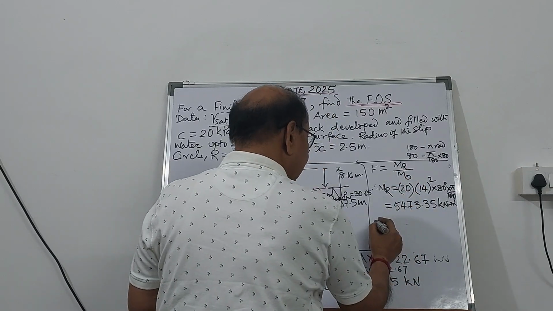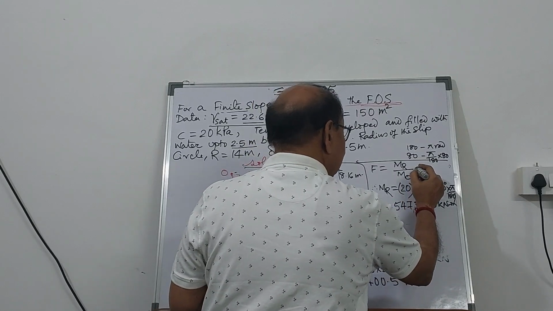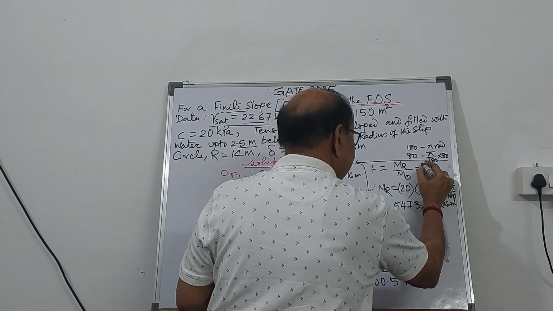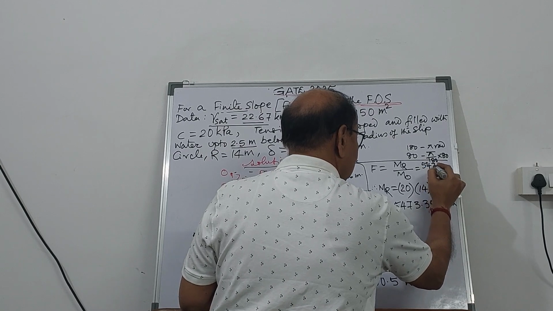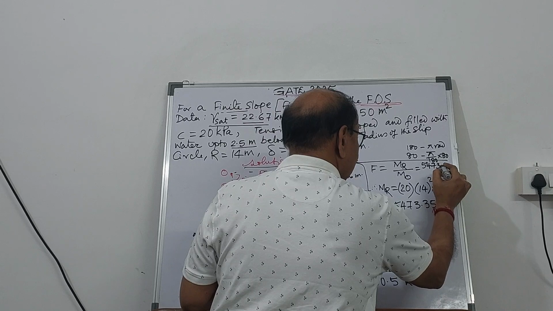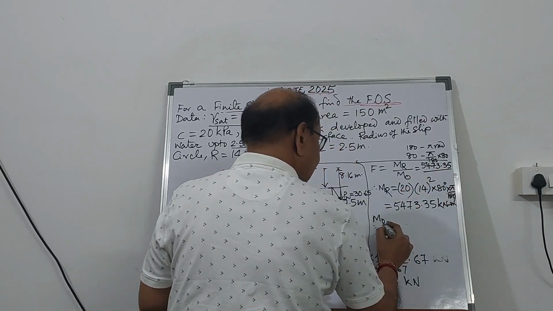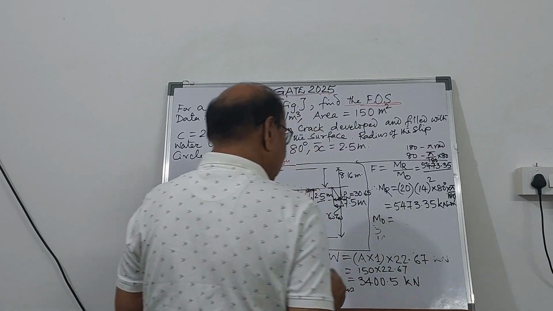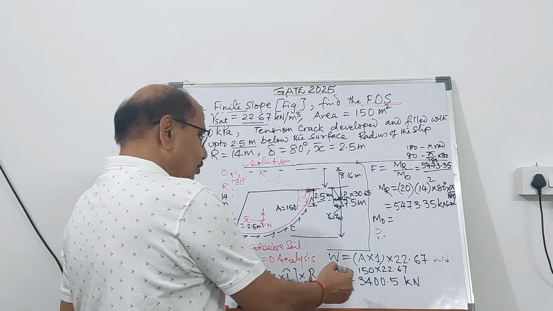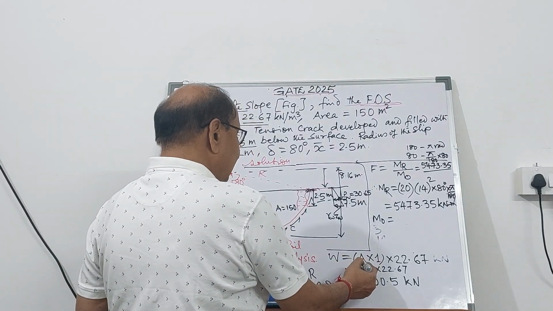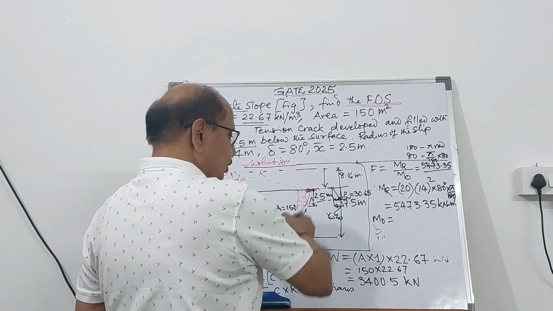Now in the denominator you have got the overturning moment. Here the resisting moment I have already calculated as 5473.35. Now I will calculate the overturning moment. The overturning moment is due to the weight, and weight I have already calculated because the area under the slip circle is given to me. The complete area is given to me.